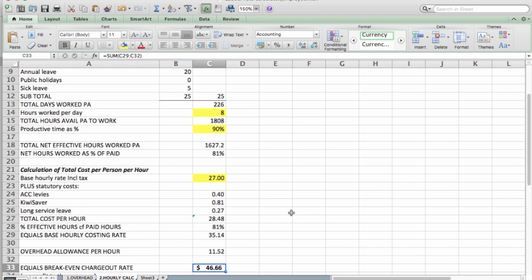So for somebody who you are paying $27 to, really the minimum, and I stress minimum charge out rate for that person needs to be like $47 an hour really, in order to purely just cover the overheads of your business and allow for the level of productivity that you get out of them. And again, reminder, there is no profit in that rate. There's no net profit for the business in that $47 an hour charge out rate. It's purely just recovering cost.